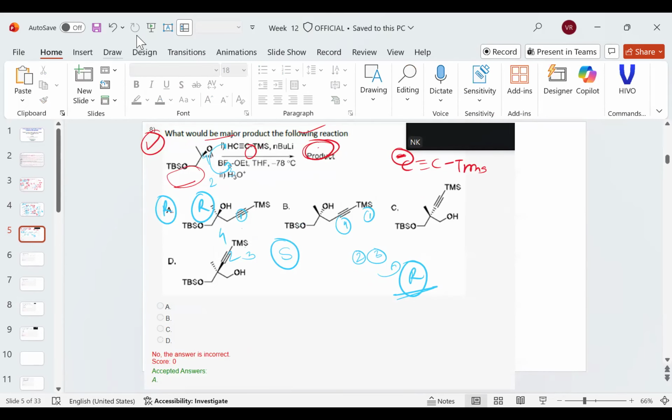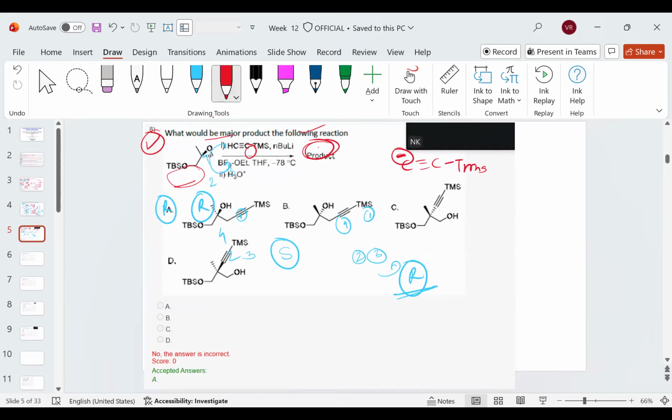The answer they have given here is option A. But if you look at the chiral center, the option should not be the correct one.